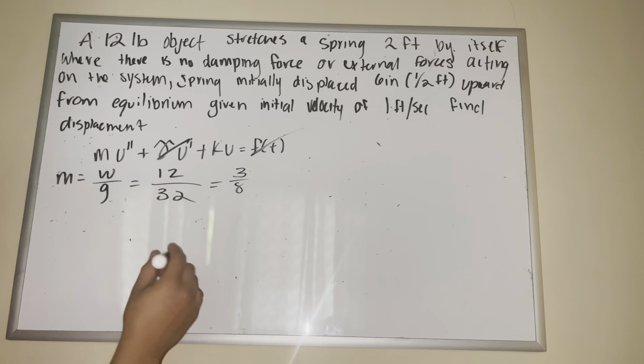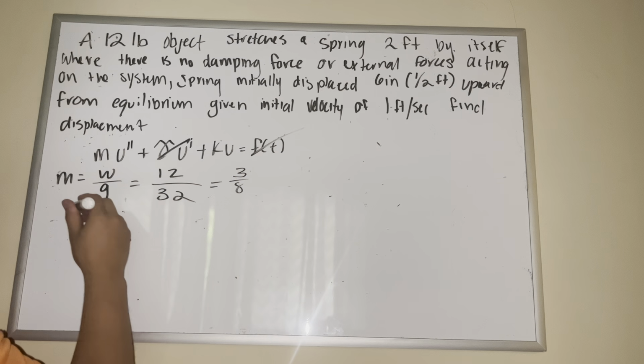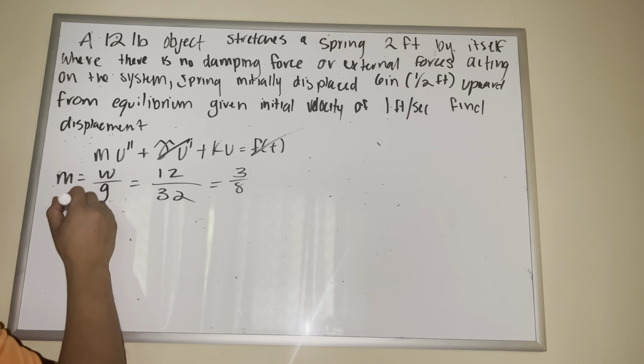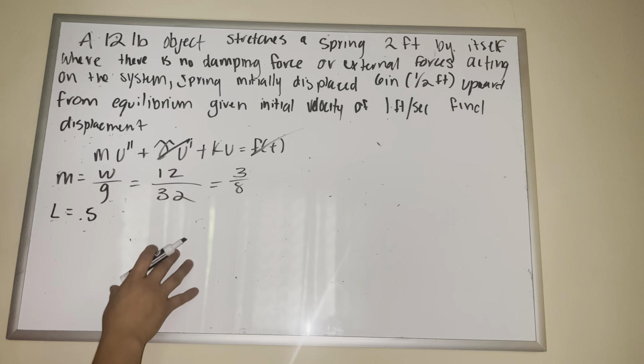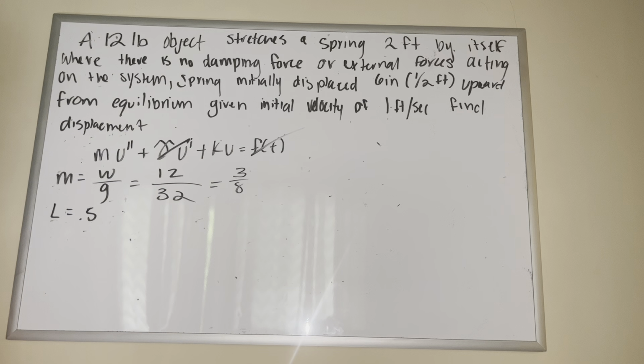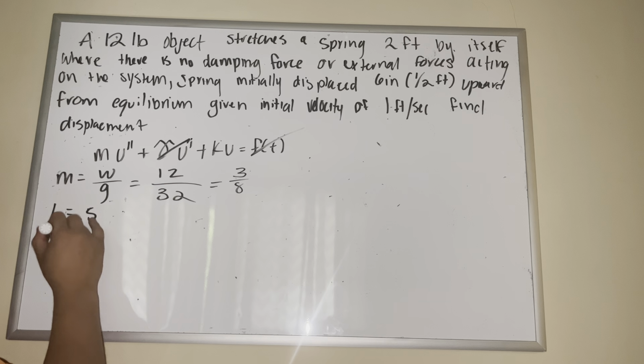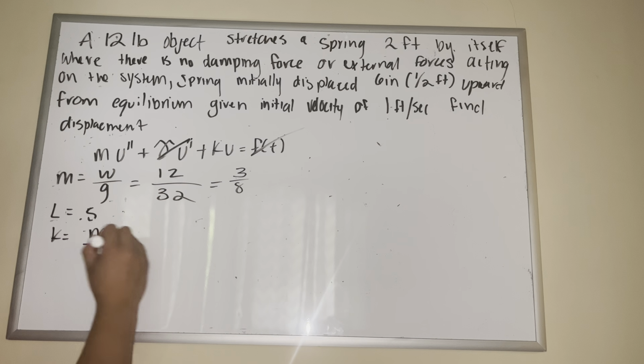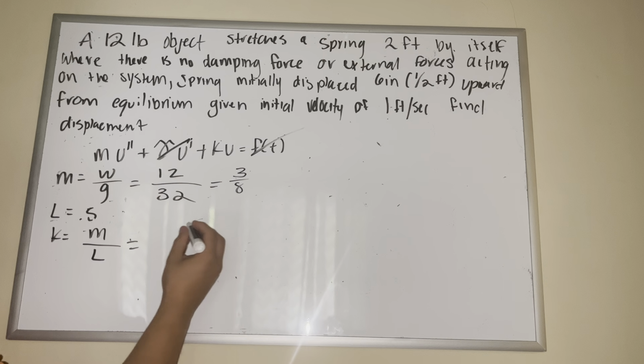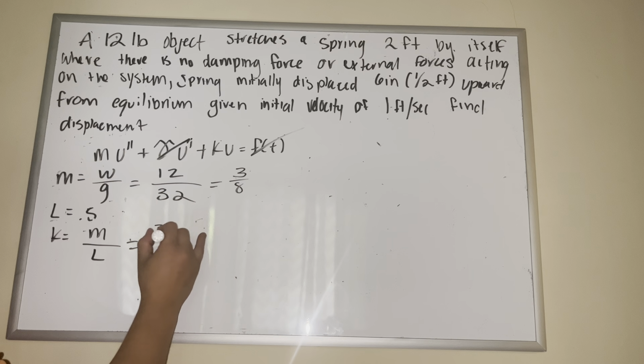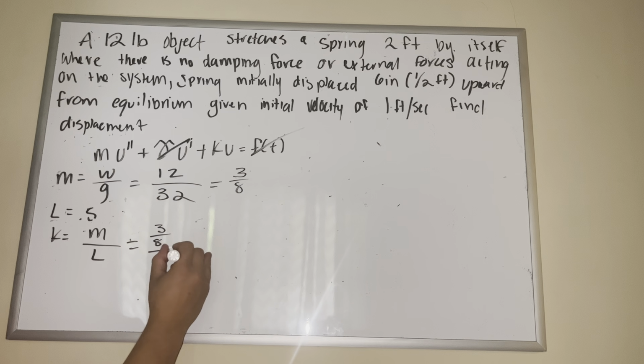And then our k value, the length it was displaced by was equal to 0.5. And to get the k value, it is our weight divided by length. So that becomes 3/8 divided by 0.5.